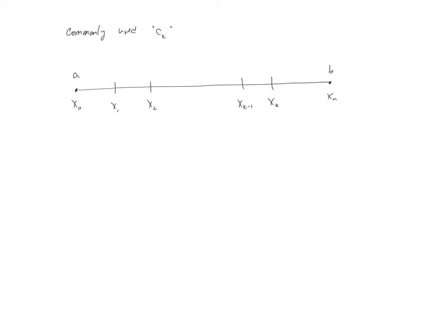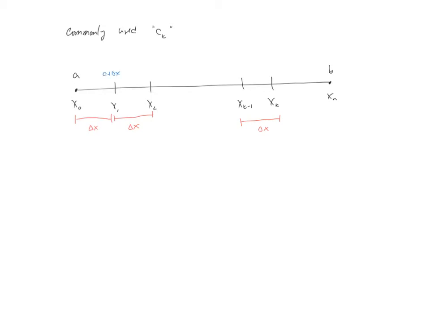But remember, for our sake, all of these widths are the same. All of those are the same, and we call those delta x. So that's still delta x there, etc. Which means that labeling this point in terms of a is going to be a plus delta x to start.